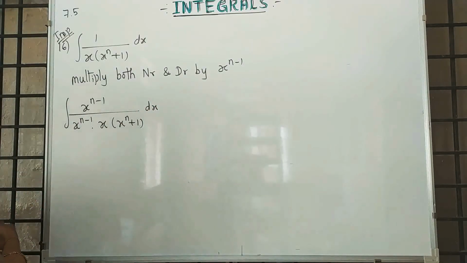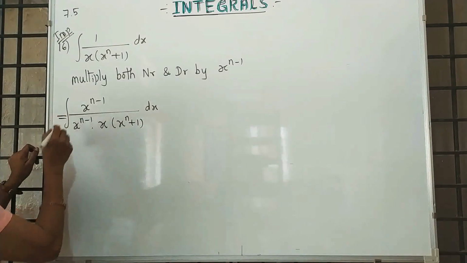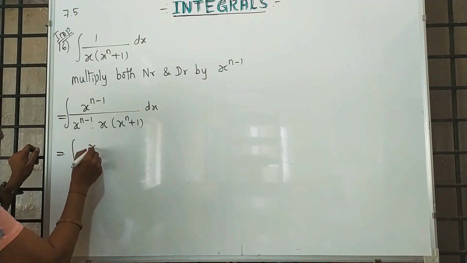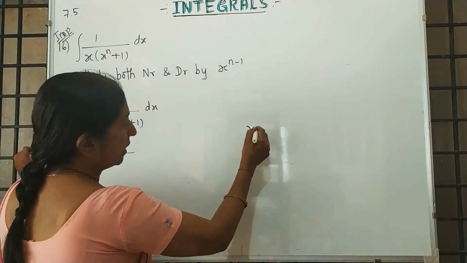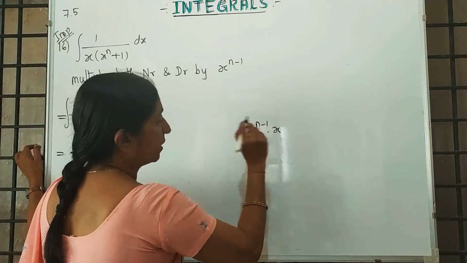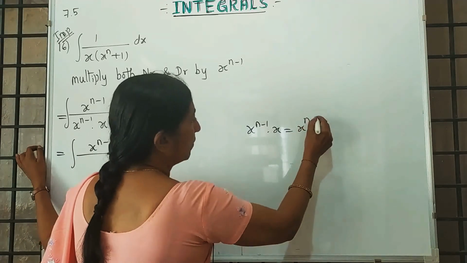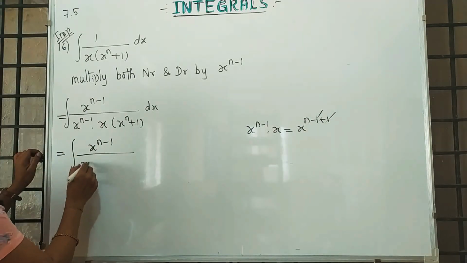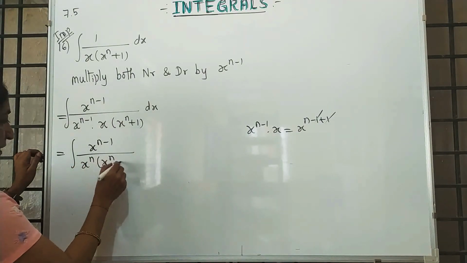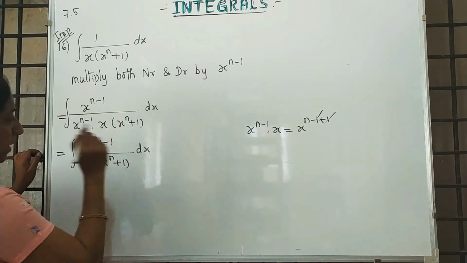Now in the numerator further splitting is not possible, keep as it is. In the denominator, its power is n minus 1. Here x raised to n minus 1 into x is x raised to n minus 1 plus 1, the minus 1 and plus 1 cancel. X raised to n into x raised to n plus 1 into dx.